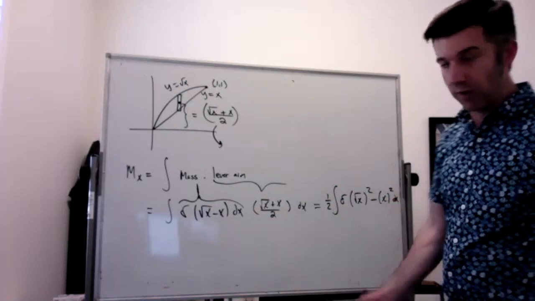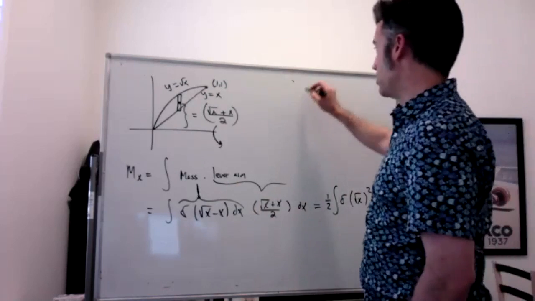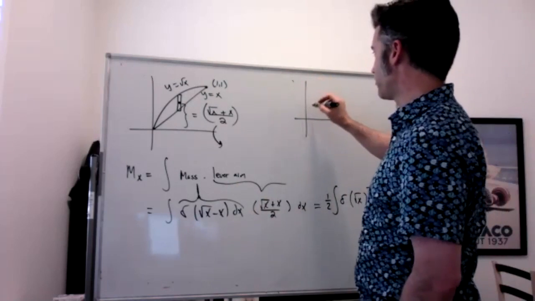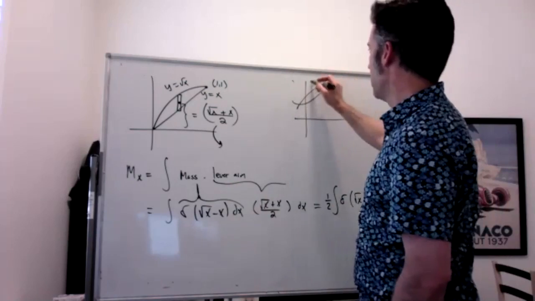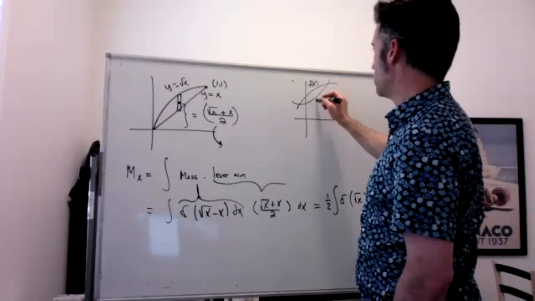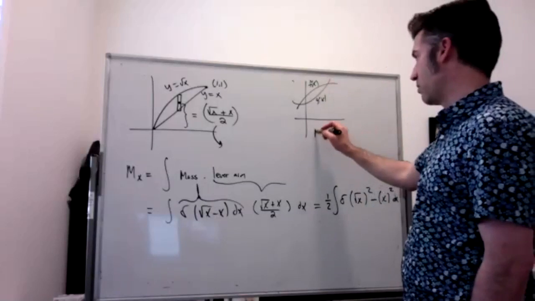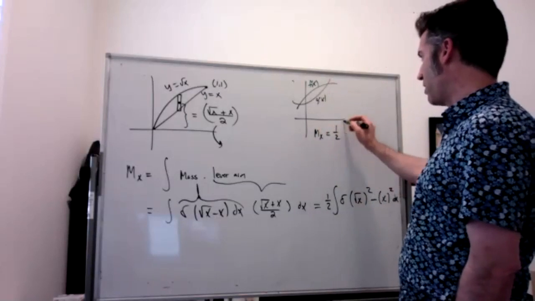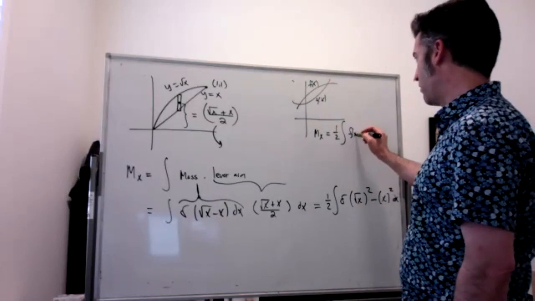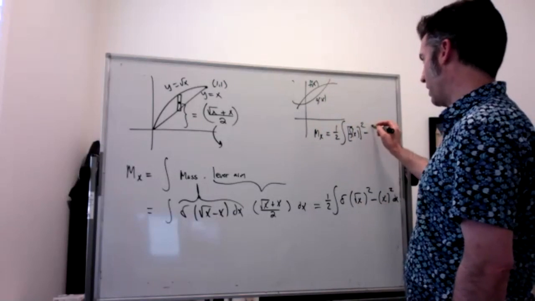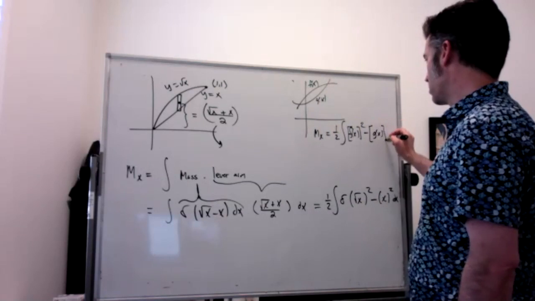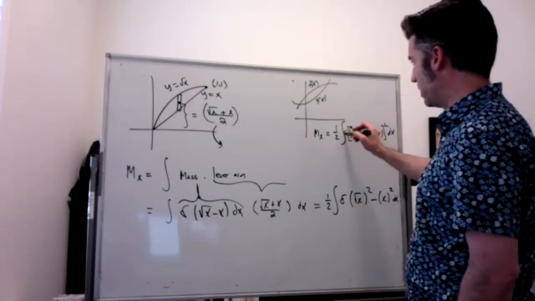And that's the general formula, right? If you've got some, more generally, f of x, g of x, and you want to find the moment around the x-axis, the moment around the x-axis is 1/2 the integral of f of x squared minus g of x squared dx. Throw in the density.